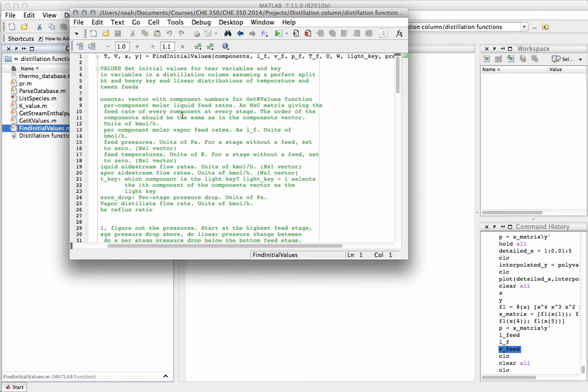What we need to plug in to find initial values are the component numbers. Again, this is referencing the component database that you used with the get k-values function when you did the bubble point. It's the same component database, and you're using the same component numbers.